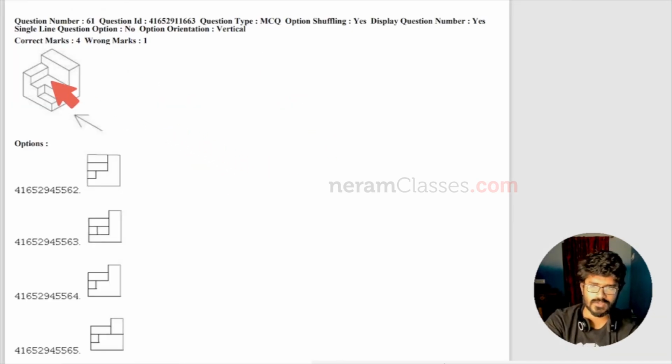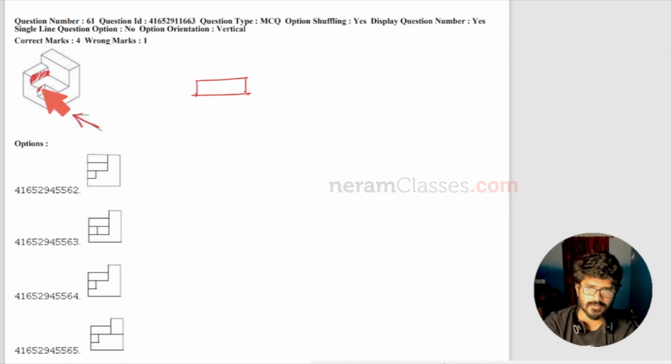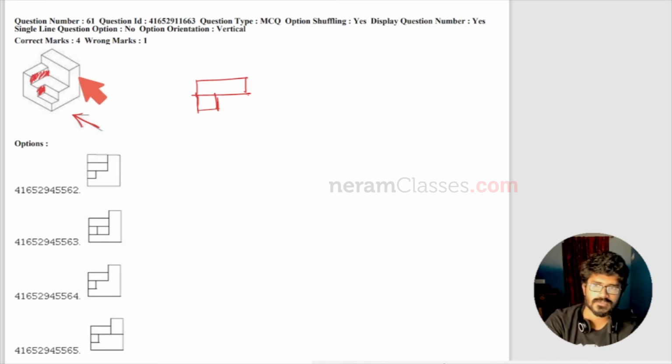Question number 61 is we need to find out the elevation for this given 3D solid on the direction of this arrow. So first I'll start sketching from this shape. So this will be like this, and the other shape that will be visible is this small square here. So I'll also draw that here, and the next shape will be this front surface, this one.